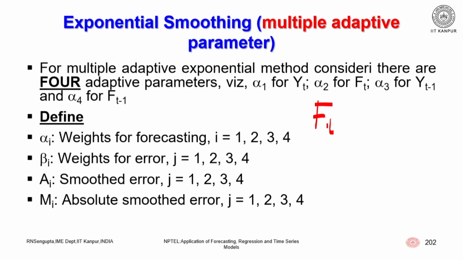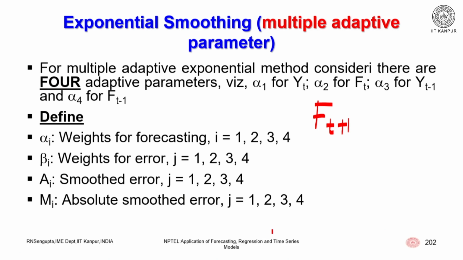So, what we plan to do is find ft plus 1. If you remember, for the constant or non-adaptive multi-parameter exponential smoothing concept, we had parameters alpha 1, alpha 2, alpha 3, alpha 4 corresponding to yt, ft, yt minus 1, ft minus 1.